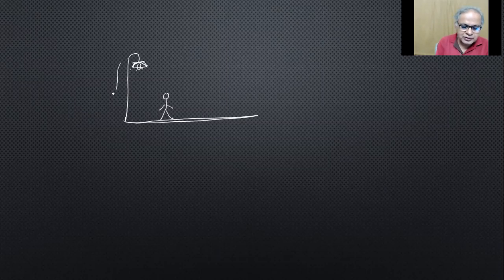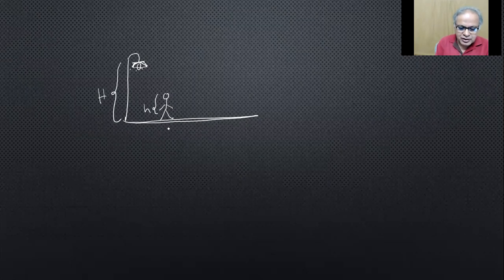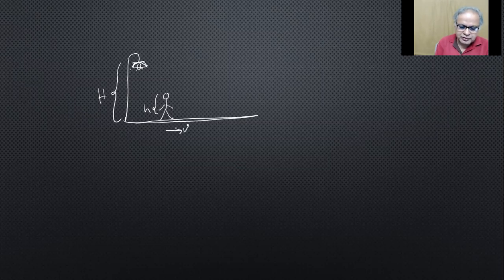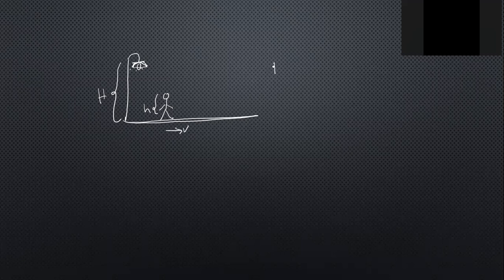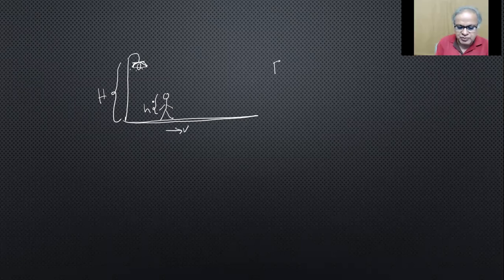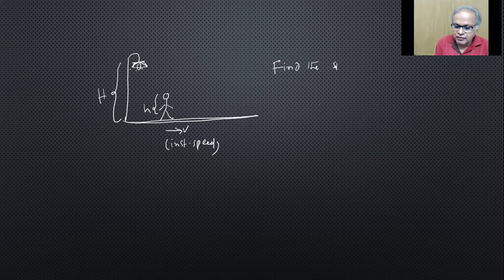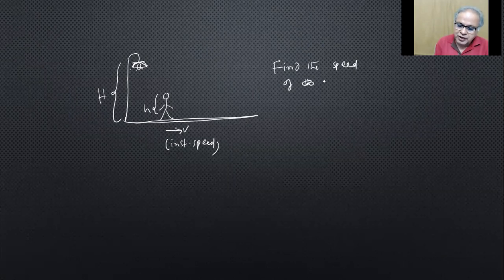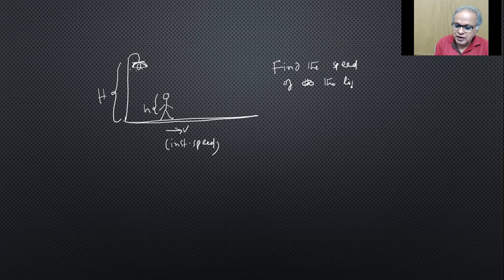This height is h, and this fellow's height is h. If he's walking with v at this moment, find the instantaneous speed of the shadow, or speed of the tip of his shadow, doesn't matter. Find the speed of the tip of his shadow.